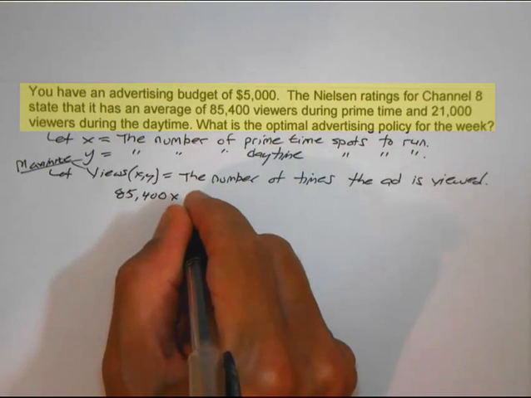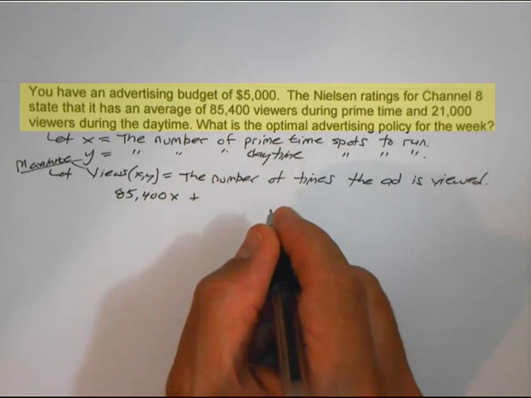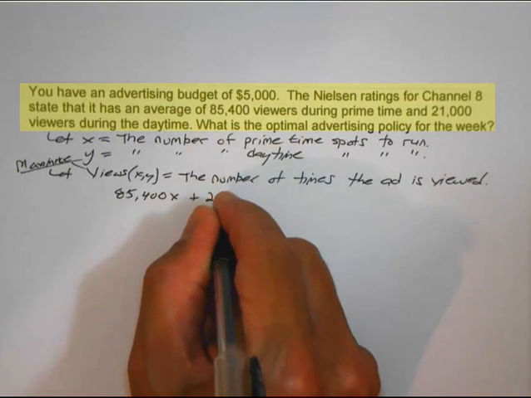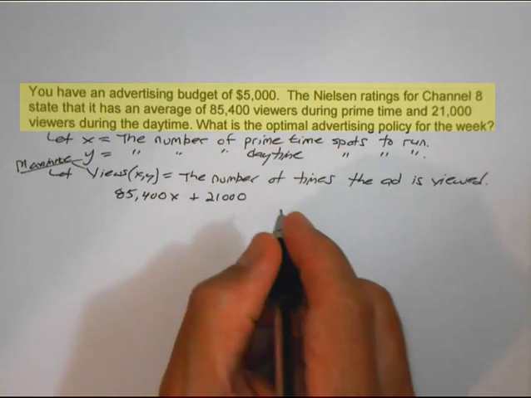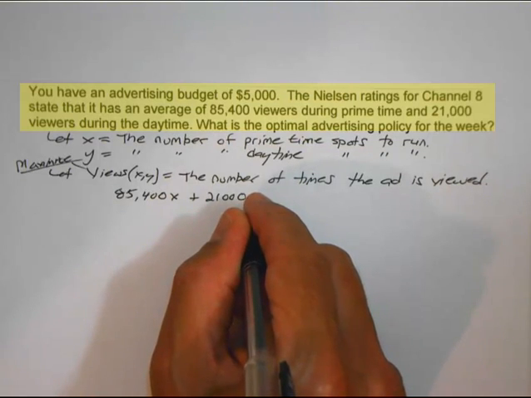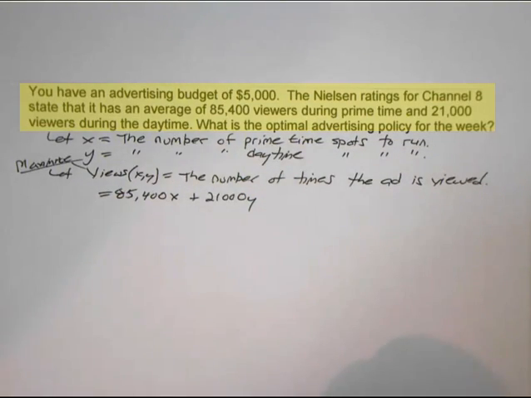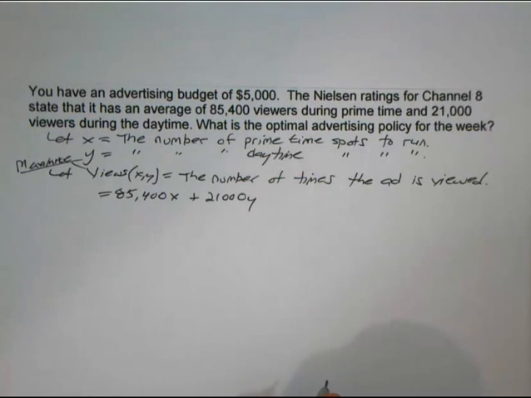Then add to that the similar quantity for daytime views: 21,000 viewers, running the ad daytime y times. So there's the formulation of our key function.